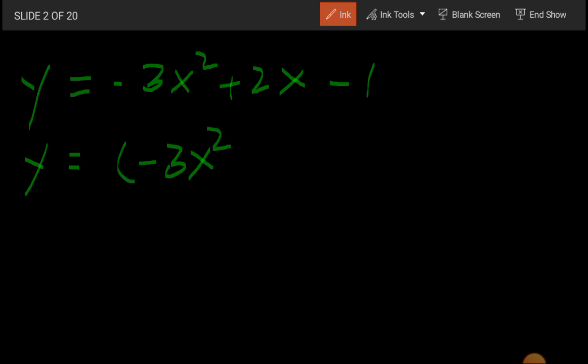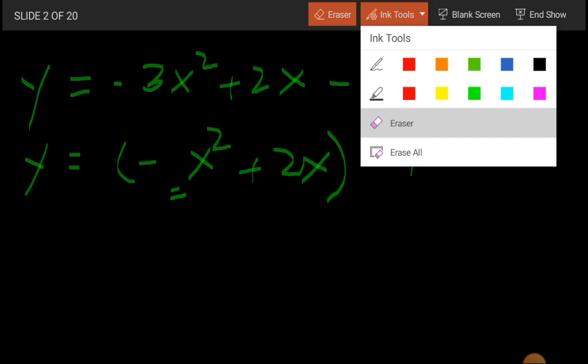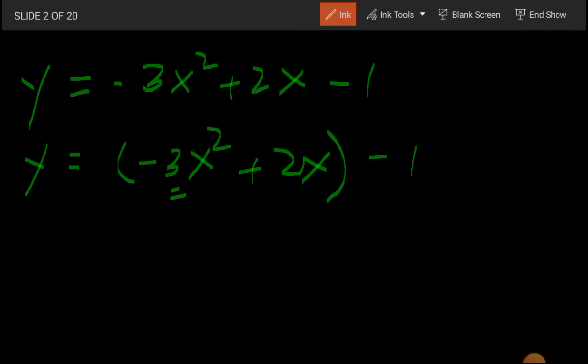So you have 3x squared plus 2x, then minus 1. Again, itong a natin, which in this case is 3, so ilabas natin siya, magiging negative 3, then x squared.